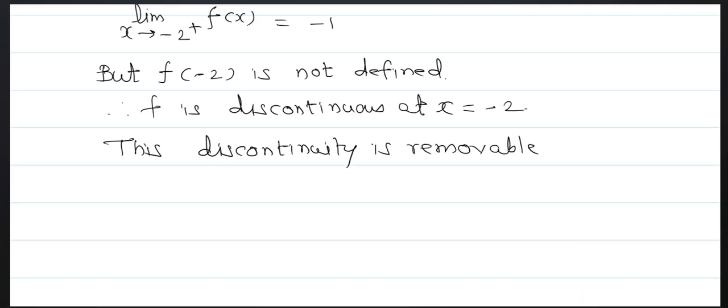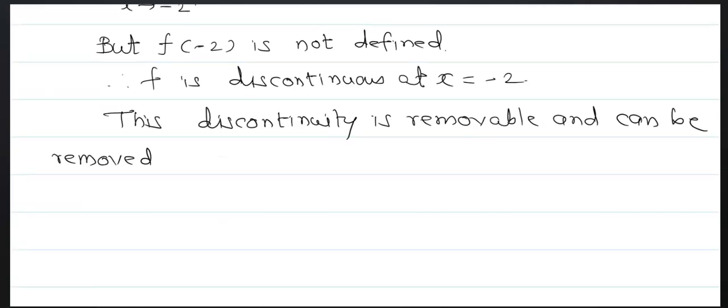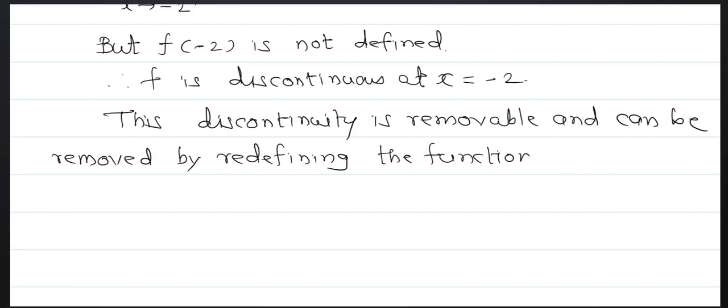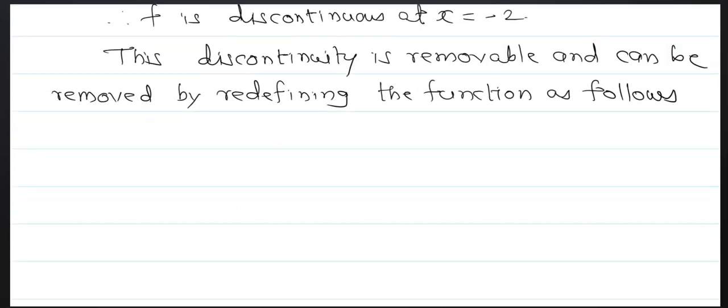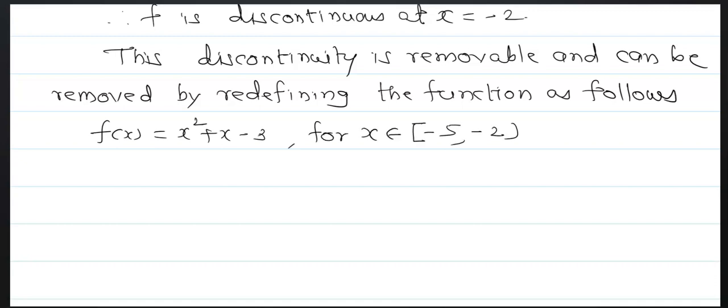This discontinuity is removable and can be removed by redefining the function as follows. F of x is equal to x square plus x minus 3 for x belongs to the closed interval minus 5 and open minus 2.